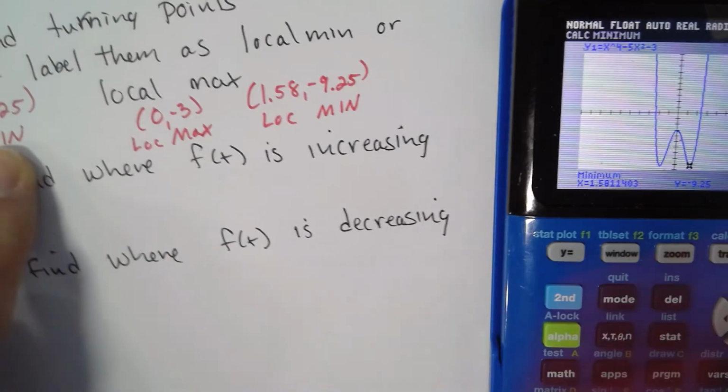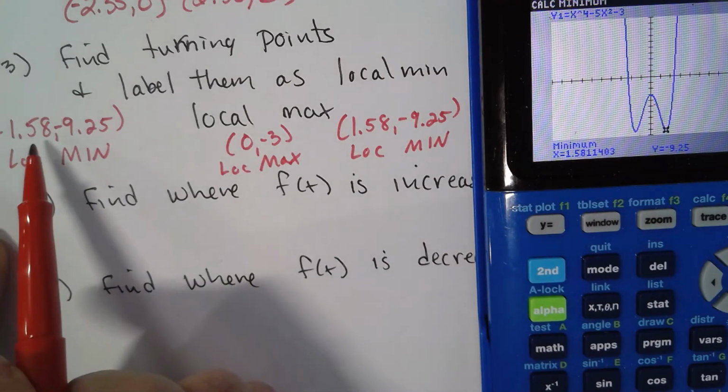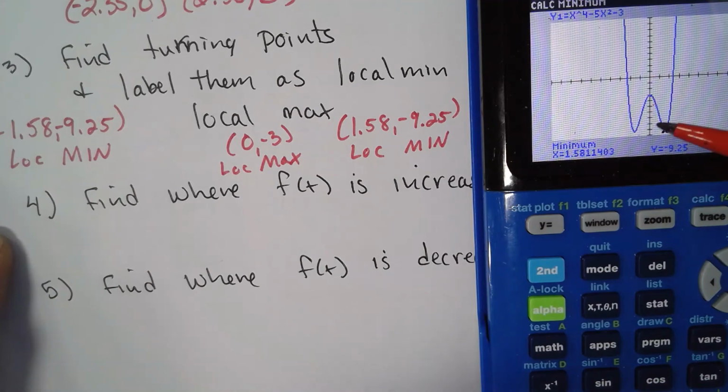So let's do increasing first. What's the x value right here? Well, the x value is negative 1.58. So it increases from negative 1.58 to 0. Remember, when we're talking about increasing or decreasing, we're only talking about what are the x values in those intervals.